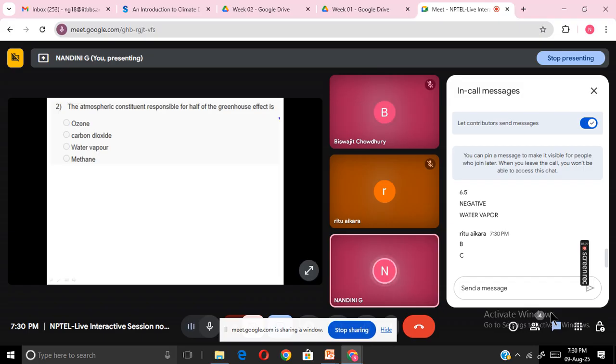Half of the greenhouse effect is B or C, both answers, only one answer.